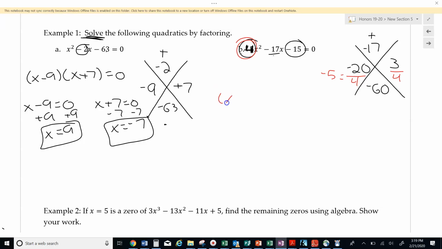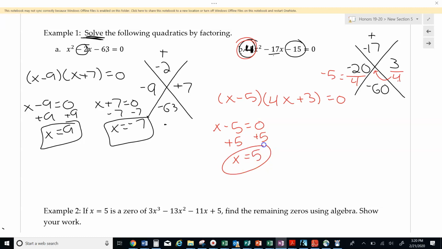So we now get x minus 5, and here, remember, we slide it out. So x minus 5 equals 0. Add and add. x equals 5. 4x plus 3 equals 0.